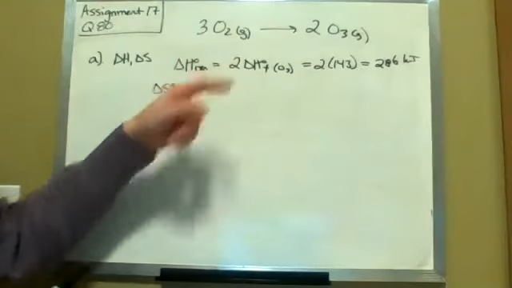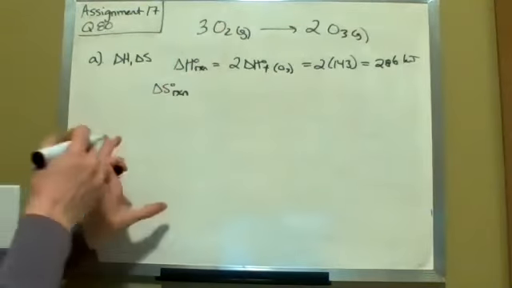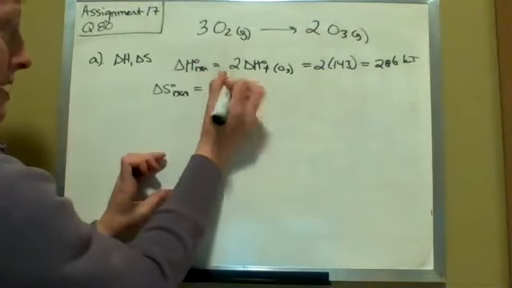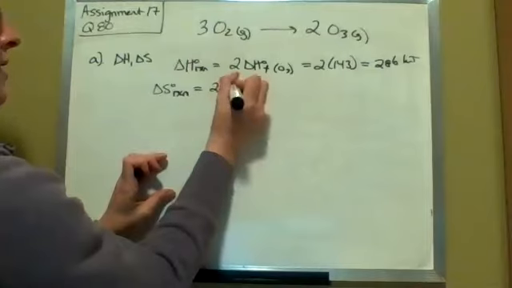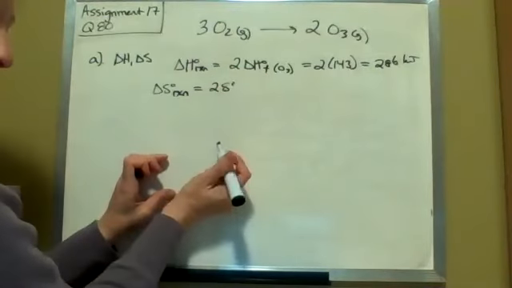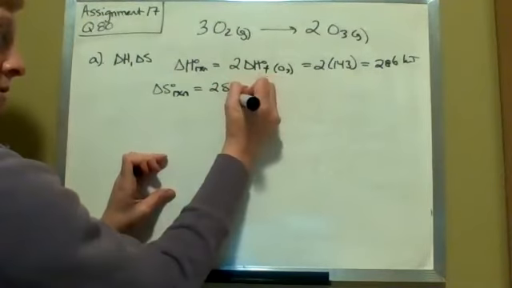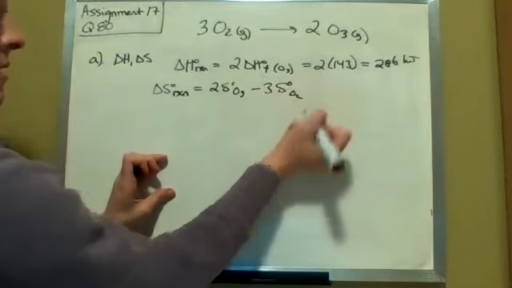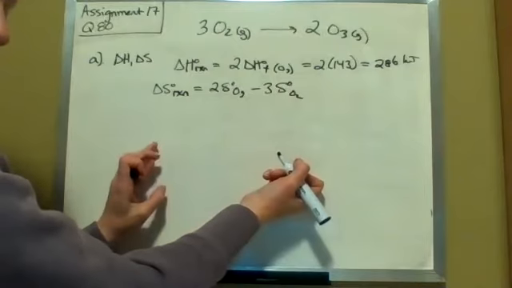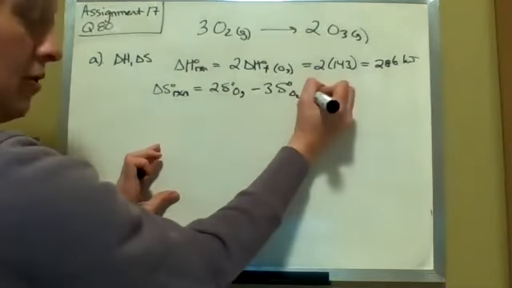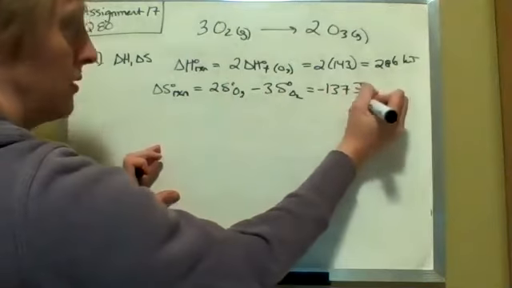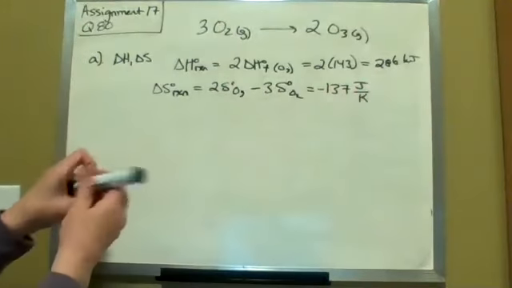People run into this problem a lot, and for some reason it sucks people in and you forget all about that one. So this is going to be equal to 2 times our absolute entropy of ozone minus 3 times our absolute entropy of O2. You can find those in the tables, and you end up with a value of minus 137 joules per Kelvin for this equation.